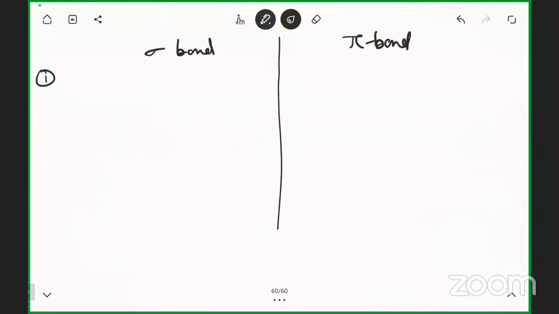I'm writing sigma bond on one side and pi bond on the other. First difference between sigma and pi bond, anyone? Just one difference.